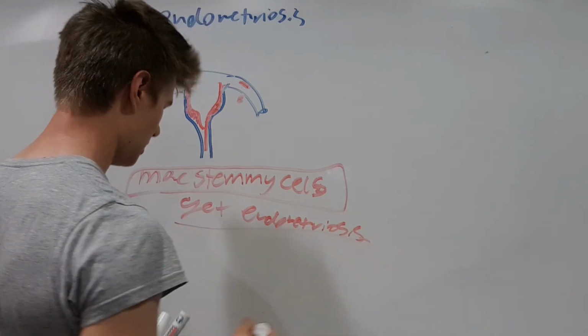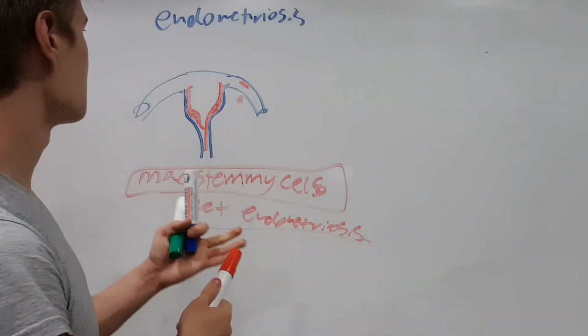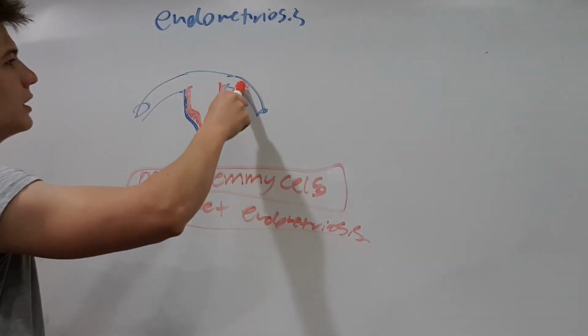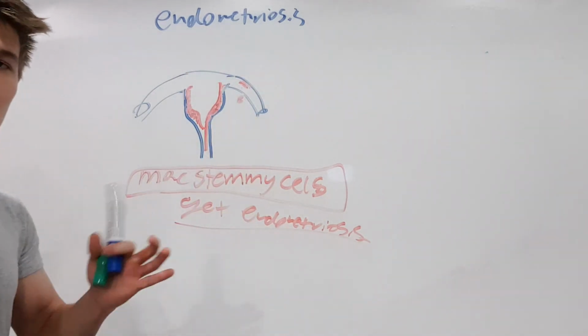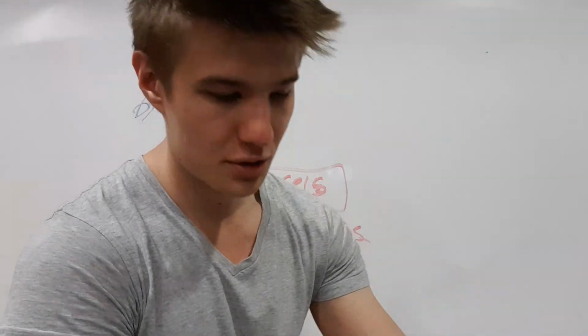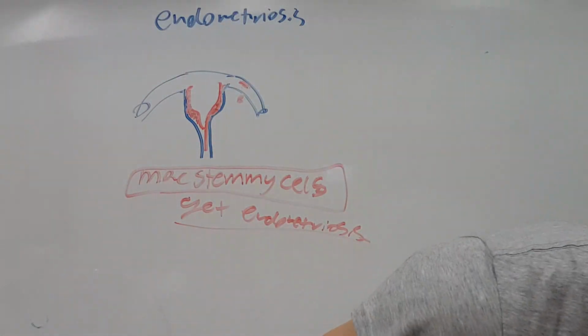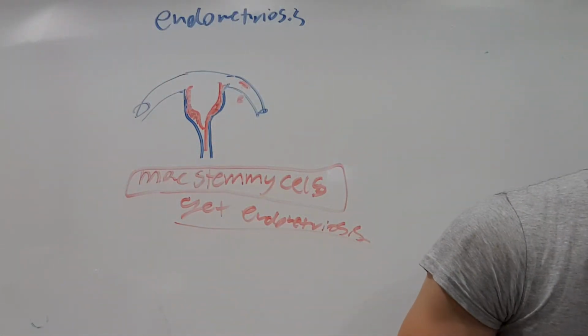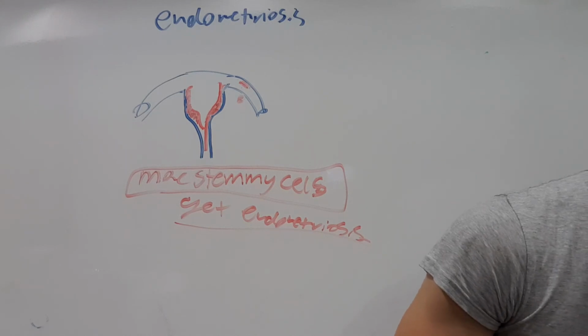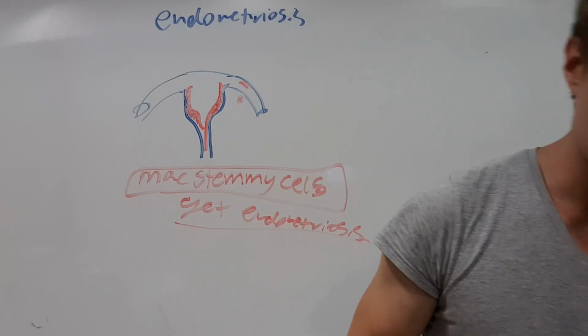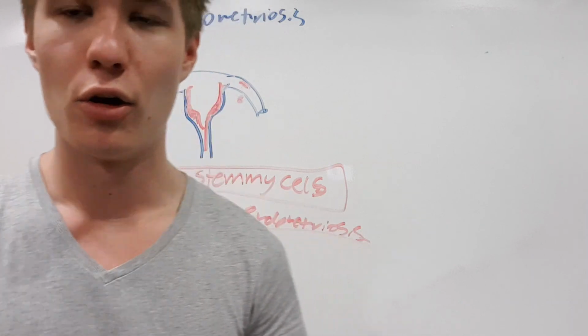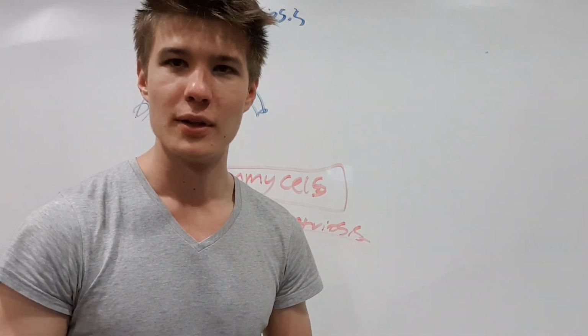Why is that? Because as these cells move up, and all of them move up, the ones which are more stem-like tend to engraft more effectively and cause the endometriosis, which is pretty interesting. And that's our whole lecture on the endometrium. Thanks, guys.